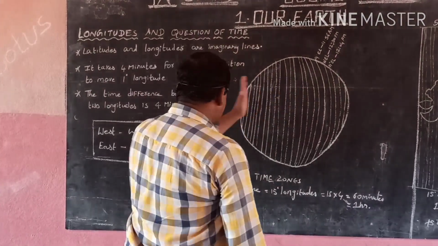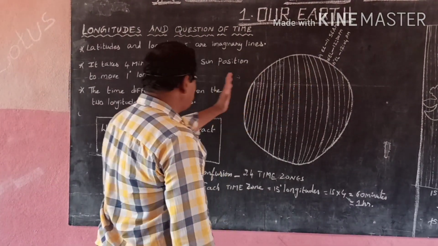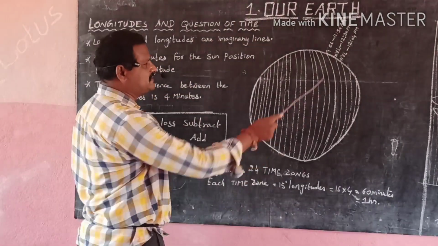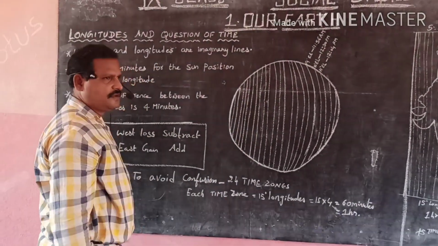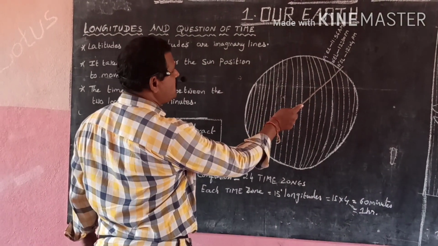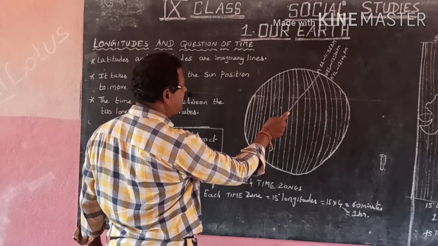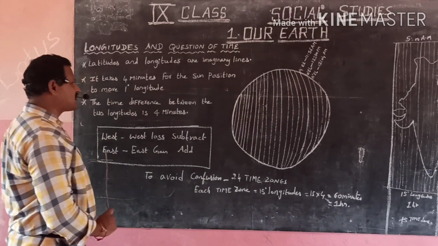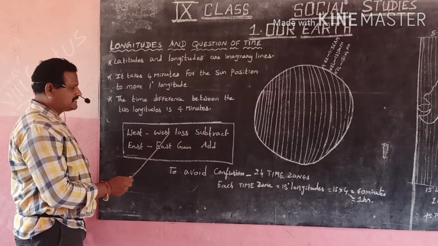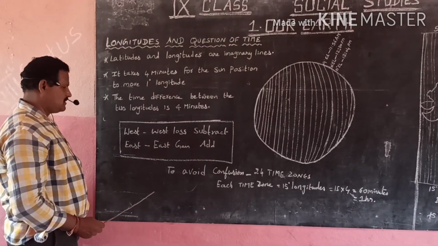When you go westward, the time becomes less by 4 minutes for every longitude. That concept is called West lose, subtract.